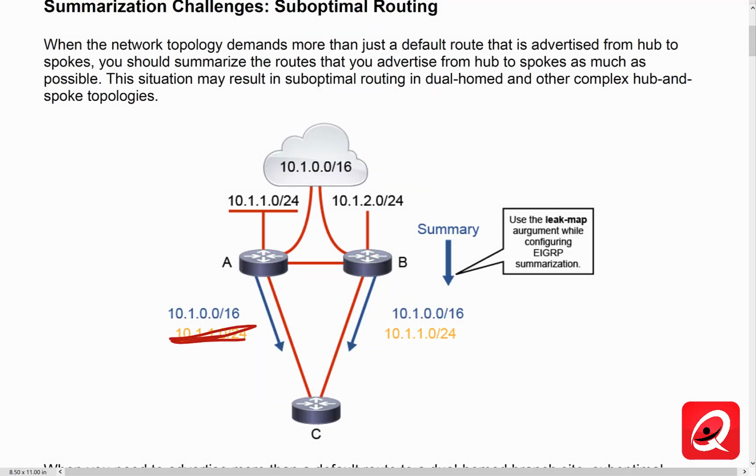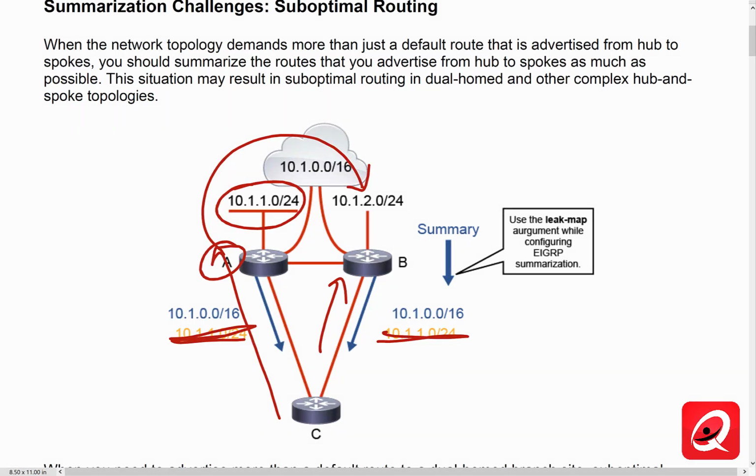If I just did the summary, and I chose not to leak anything else out more specific than the summary, then I may end up going up to router A to get over to network 10.1.20, when the reality is I should really be going directly to router B for the 10.1.20 subnet.